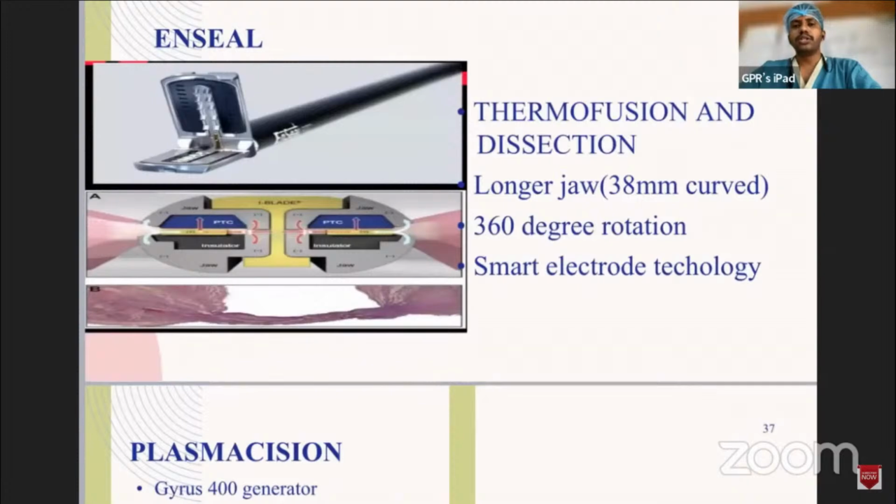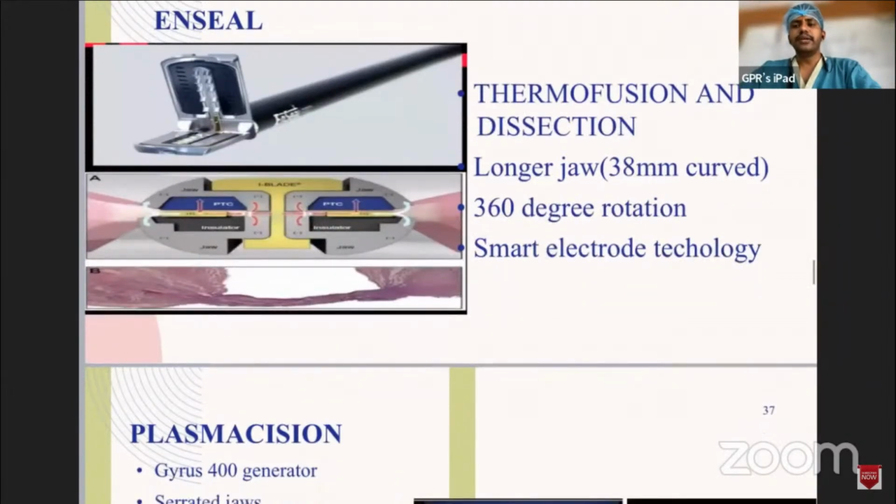Only one of the two jaws has active energy dissipation, whereas the other functions as an insulator, and it works with smart electrode technology. The vessel or tissue is held, the radio frequency current passes through, and it produces tissue transection as well as desiccation.